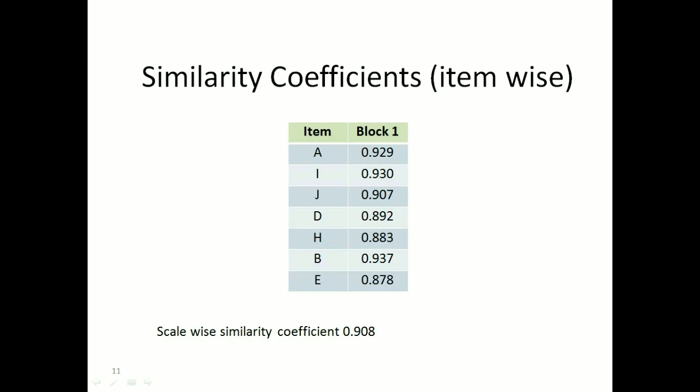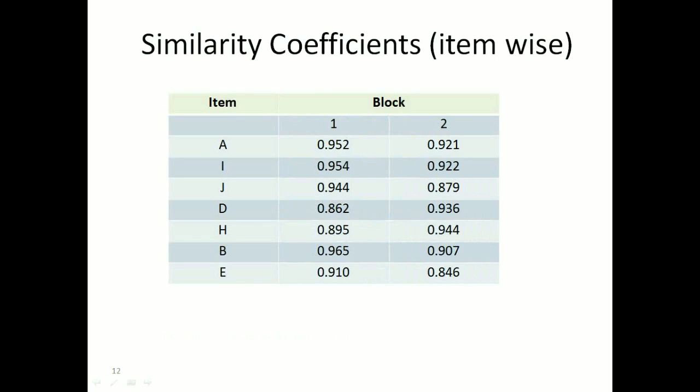We're assuming that all of these items are indicators of one trait or one dimension. Now you'd similarly get a very high alpha coefficient reading for this. In this case we've got 0.908 as our reading.